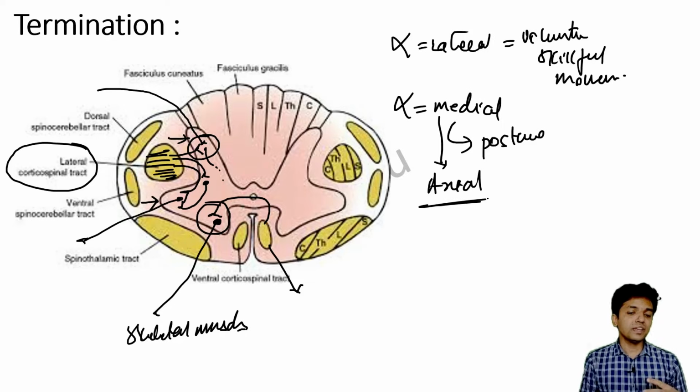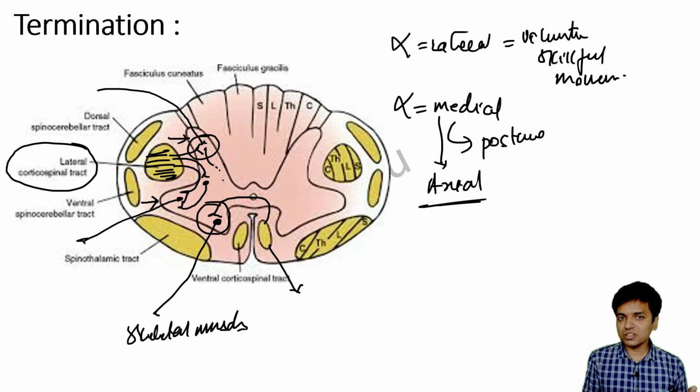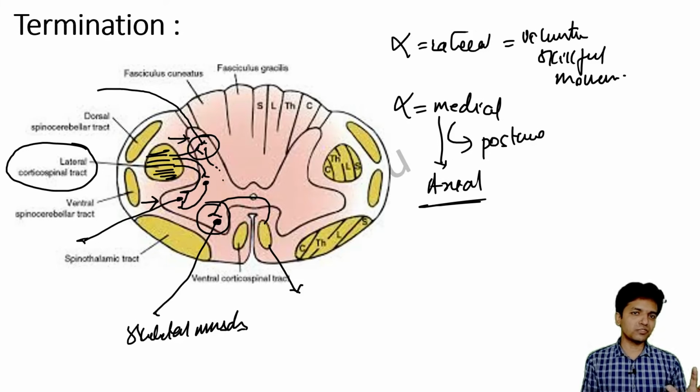So the anterior corticospinal tract fibers are more concerned with the maintenance of posture, and the lateral corticospinal tracts are mainly concerned with the voluntary skillful movements of the limbs. So this is the termination.